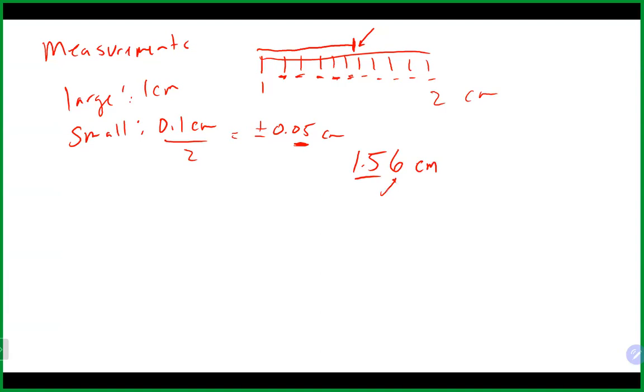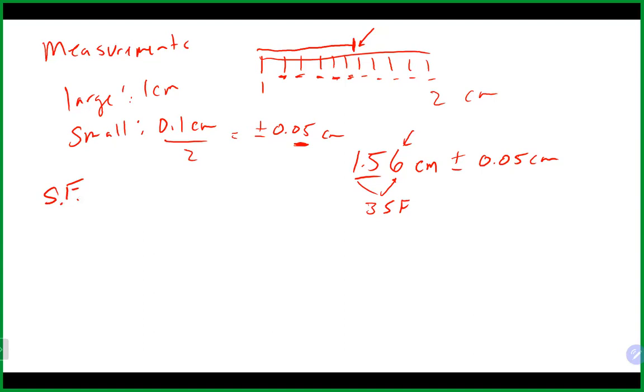And all those together, all of the certain numbers plus the first uncertain number, are significant figures. So this would have 3 significant figures. With the uncertainty, you could include that precision as well, and you'll have some type of measurement that looks like this.